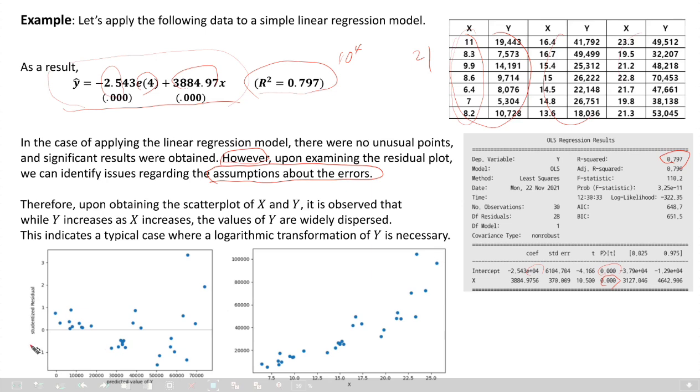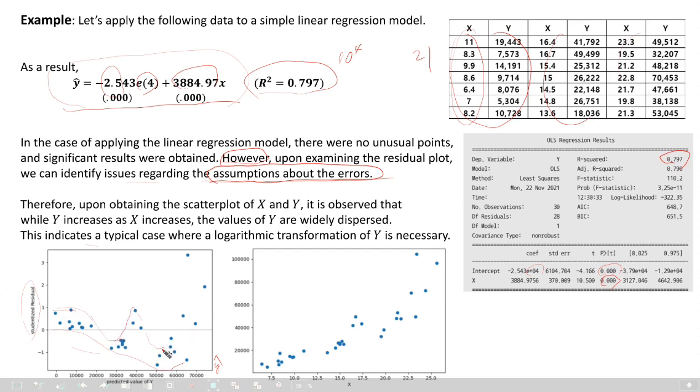This is the studentized residual against y hat. This is the usual residual plot. And this is the scatter plot of x and y. Okay, assumption about the residual plot. We got a residual plot like this. It is not normal.